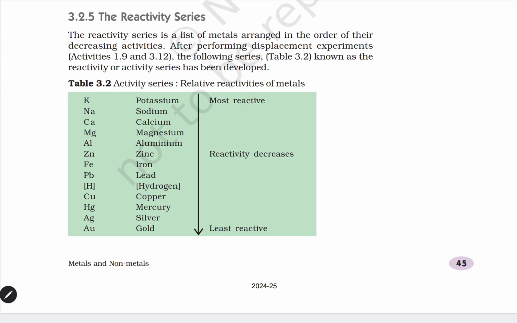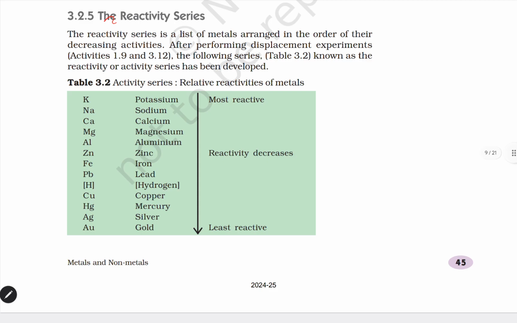Now we are going to discuss an important topic, that is the reactivity series. What is this reactivity series? All metals are not equally reactive, and the reactivity series arranges metals from most reactive to least reactive.